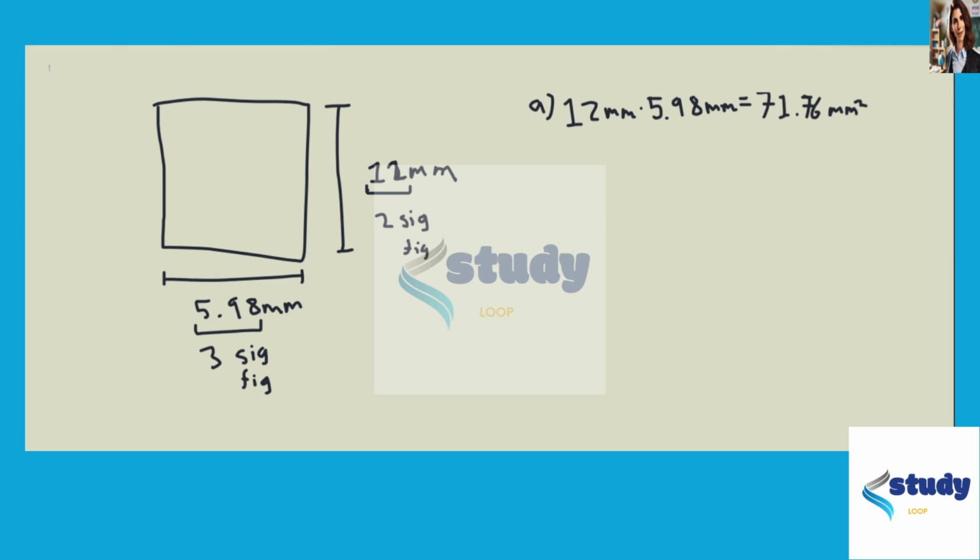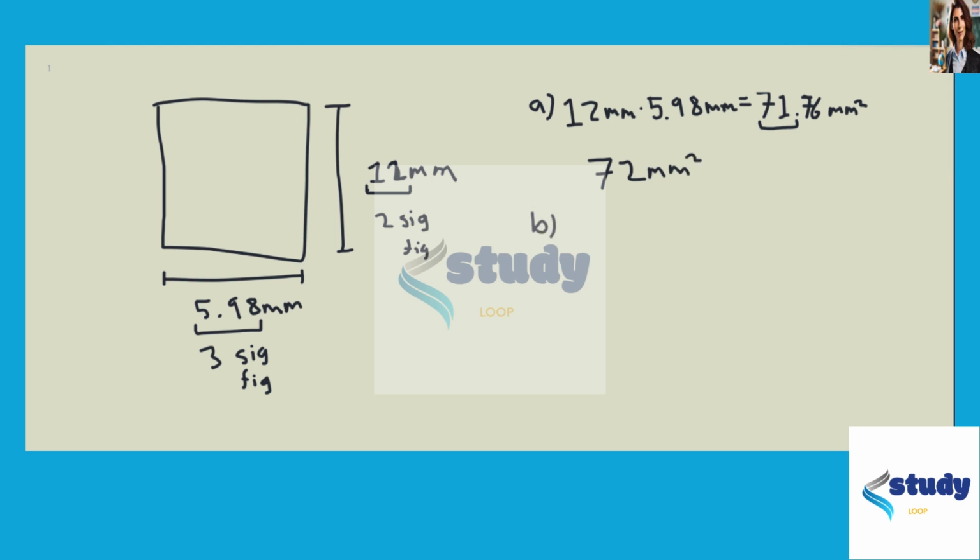But remember, with multiplication, you stick to the value that has the least number of significant figures, so 2. So in this case, we only retain 2 significant figures, and we round up to 72 millimeters squared.